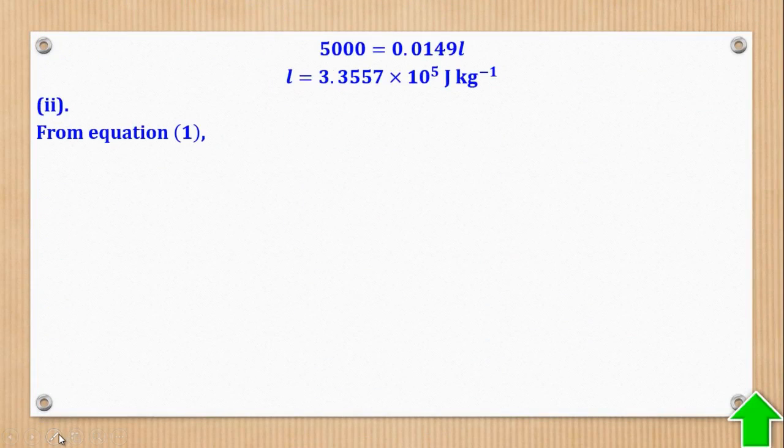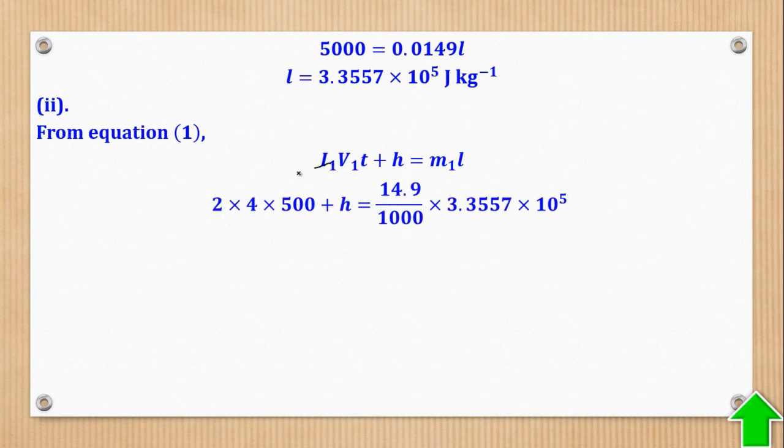So from equation 1, it implies that you come and substitute for L. Substitute for I, for V, for T, and then H is what we want, M1 is that, then L is that. So make H the subject, and that will be the answer they wanted.